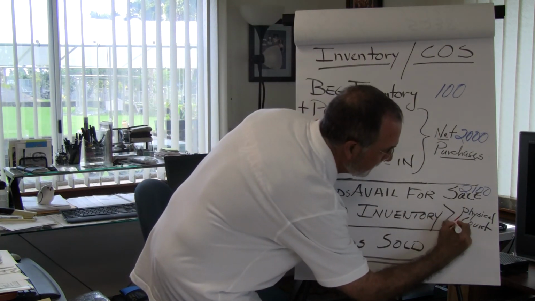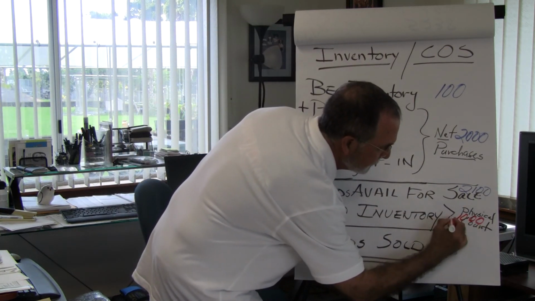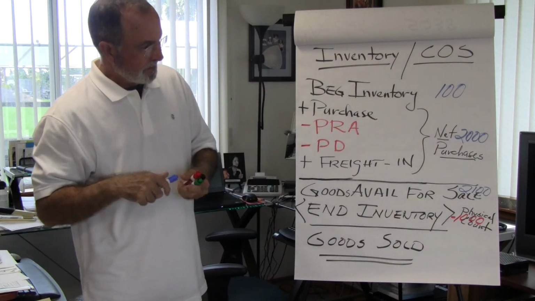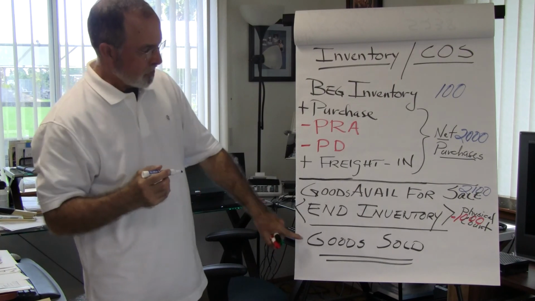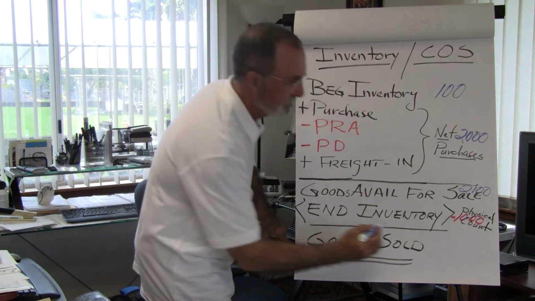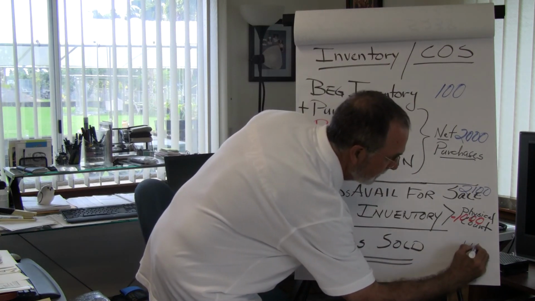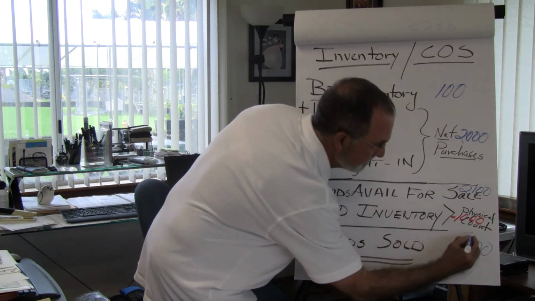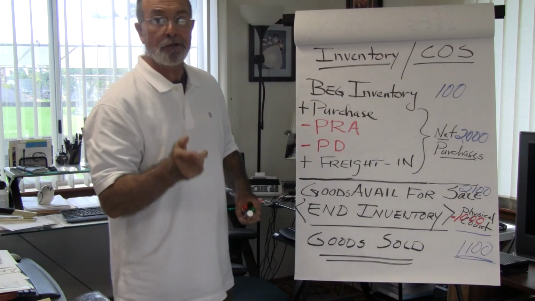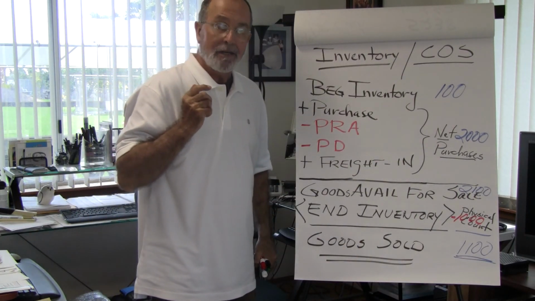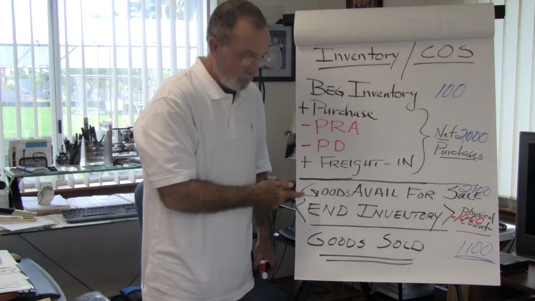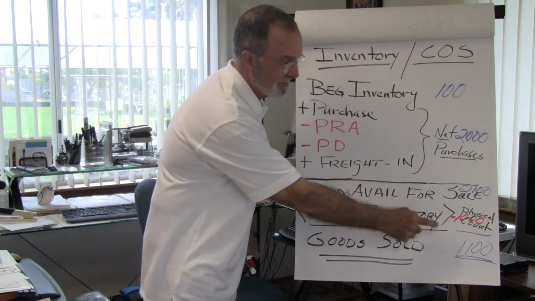We would subtract that amount out, and that would tell us then that the cost of our inventory that we sold was $1,100. The cost of our inventory that was not sold, our ending inventory, was $1,000.